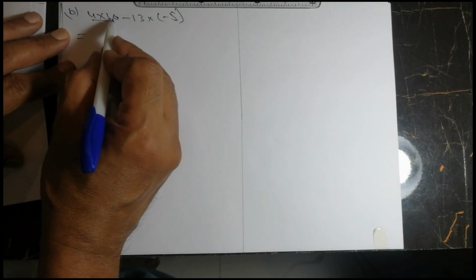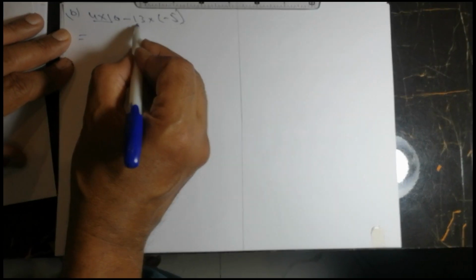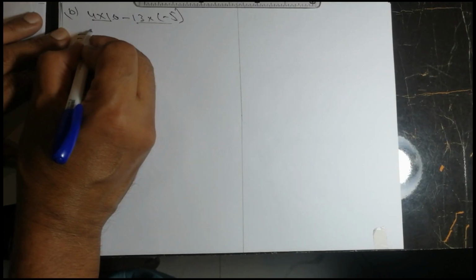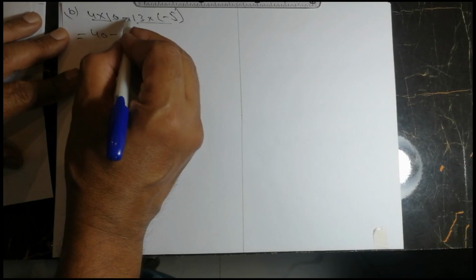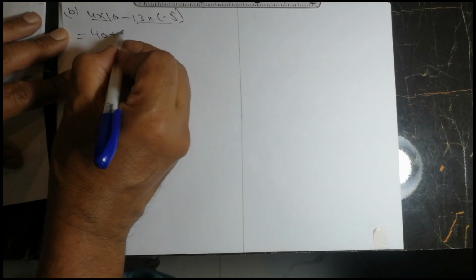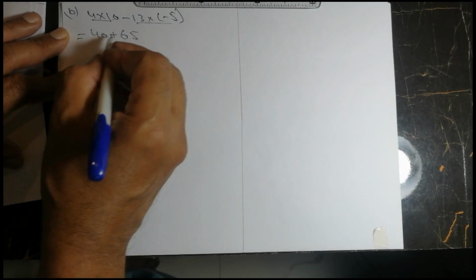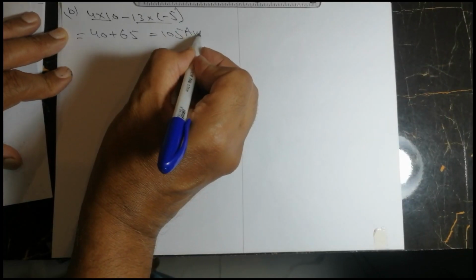Initially we cannot start from 10 minus 13. This will be wrong. So first do the multiplication operation. 4 10s are 40, minus 13 into minus 5 is plus 65. So this will be equal to 105.